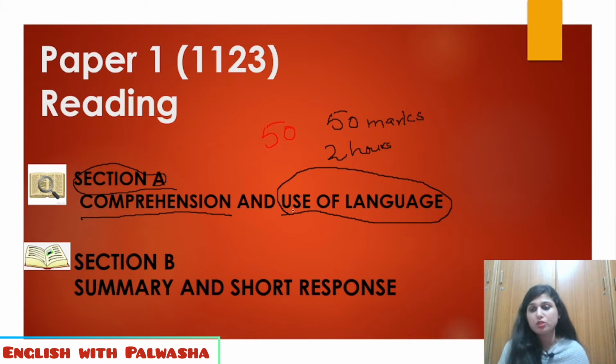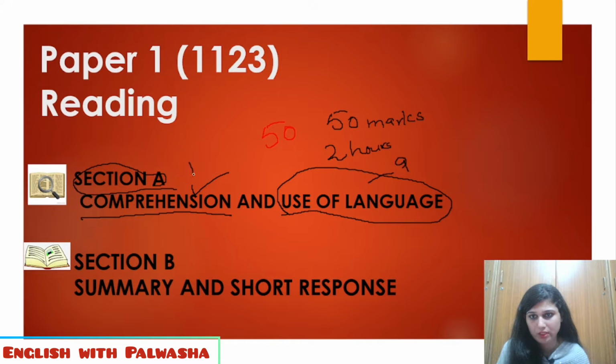When we talk about comprehension specifically, it's a series of short questions based on a text, and then use of language is another 9 marks of short questions, again based on the same text, and this leads to it being a 25 marks question, right?